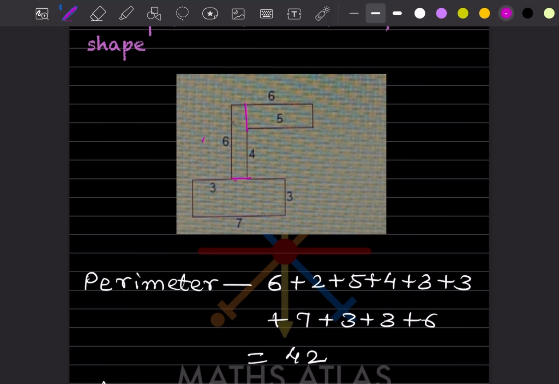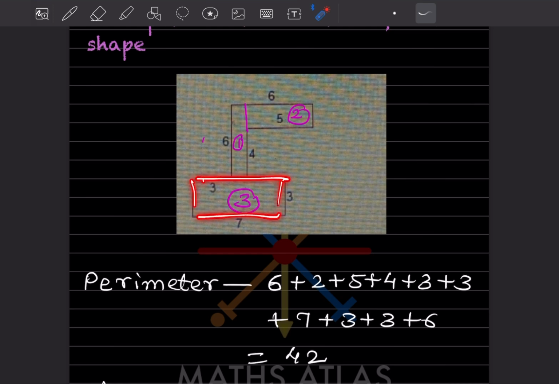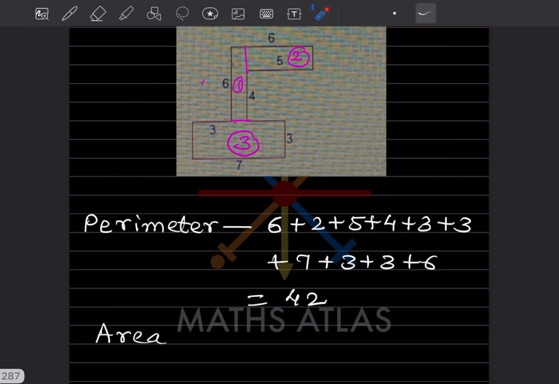Now you can see we can put number 1 for the first rectangle, second rectangle, and third rectangle. This is why we say it is a rectangle: these two sides are the same, and this also is the same, and these two are the same. So these are the 3 rectangles. Now let us find the area of rectangle 1.